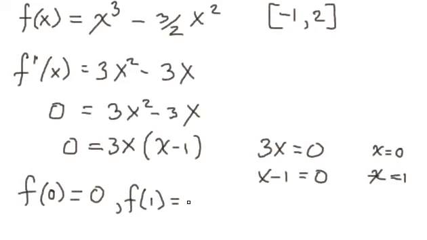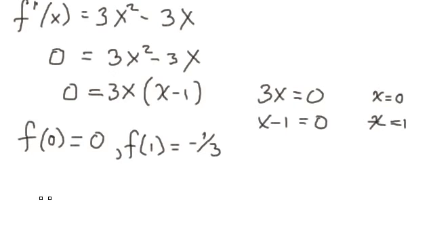What is 1 minus 3 halves? Negative 1/2. We got our critical numbers, plugged them in, and I showed those to you on the graph. Now we're going to plug our endpoints, -1 and 2, into the function up here. Let's try to remember that.